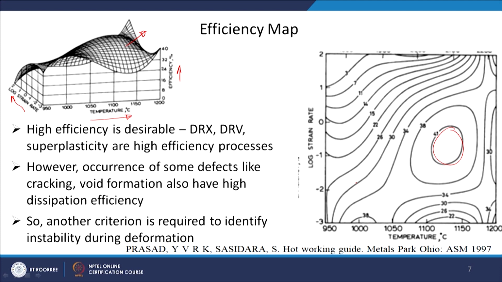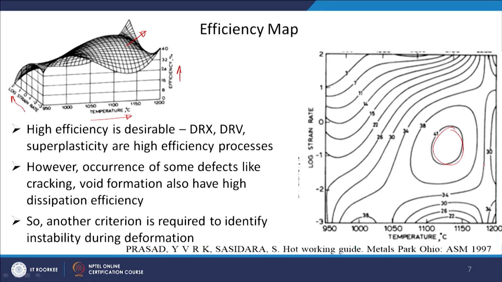This is another interesting thing, that some defects also give you very high efficiency for power dissipation, because a lot of power goes into the creation and propagation of these defects. So, not all energy will go into microstructural change, some energy may also go into creation of these defects, which are also high efficiency.